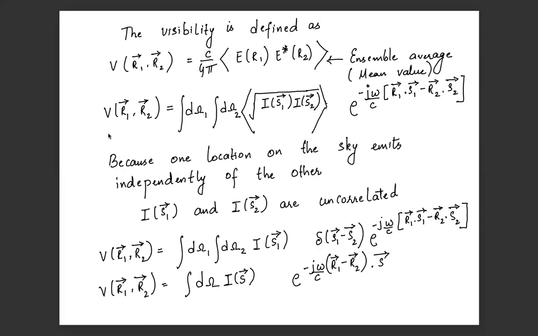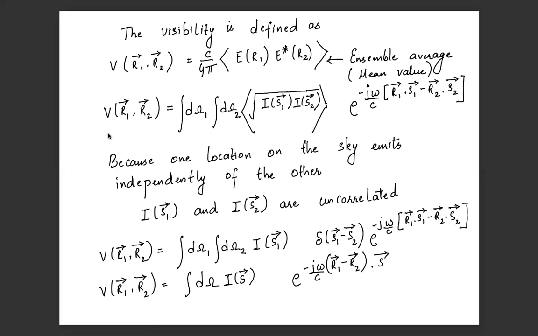Now there is another simplification that is possible for astronomical signals, and that comes from the fact that one location on the sky is emitting independently of another location on the sky. That is to say, the electric field fluctuations on the ground because of one source are not correlated to the electric field fluctuations because of another source, just because these two sources are stochastic sources that don't know about each other.